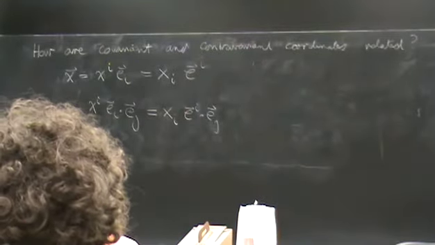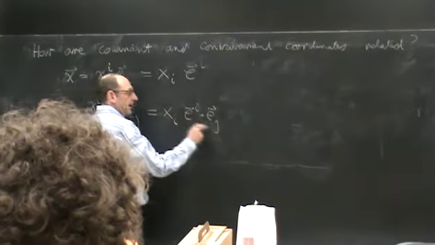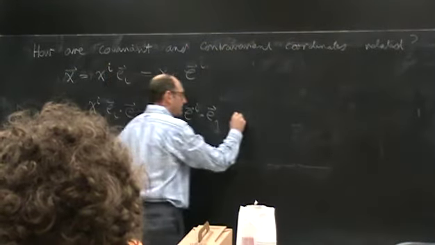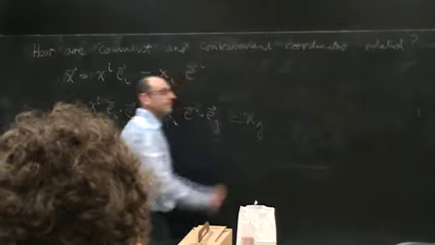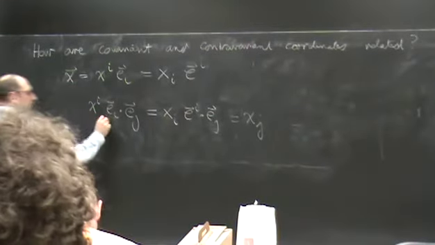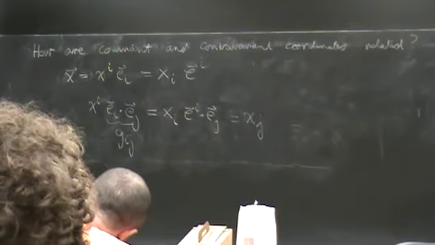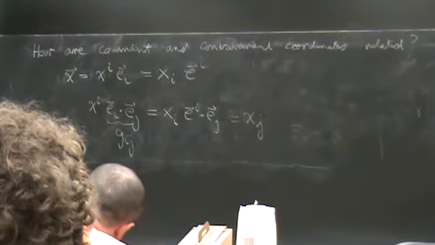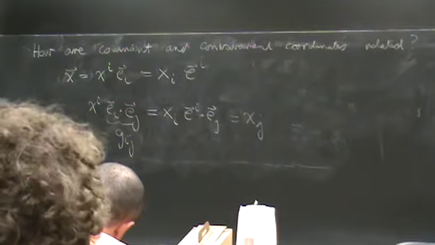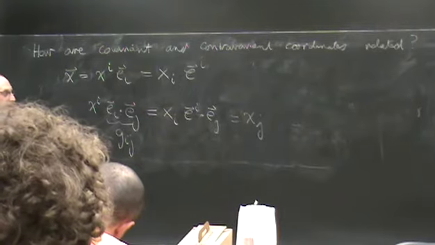All right. This is, by definition, a delta function. So this is xj. And this, by definition, is the metric matrix.